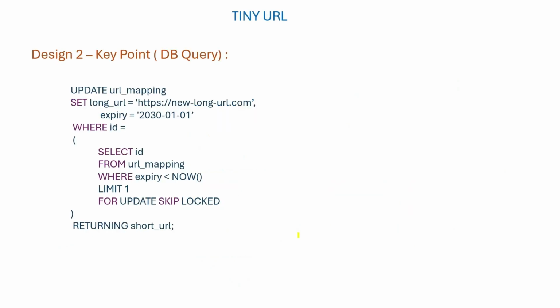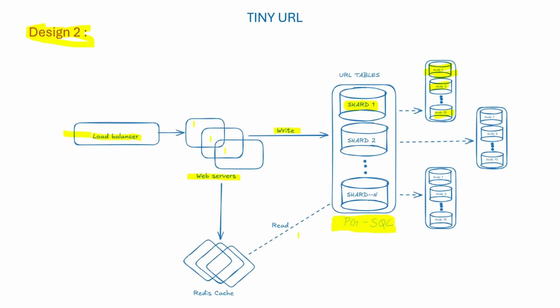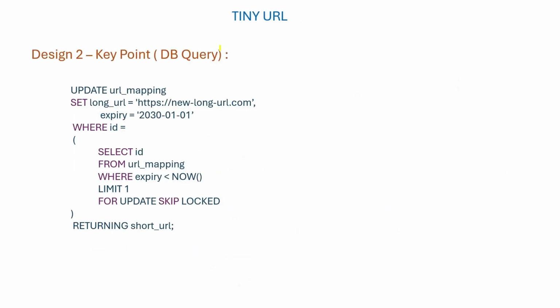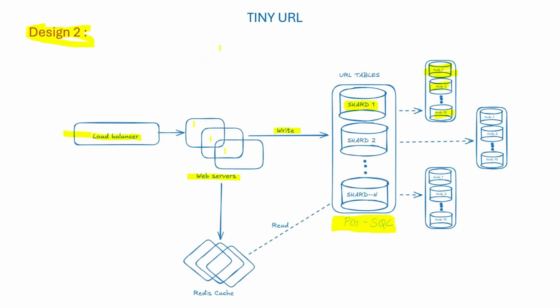Let me quickly show you one key important part. In approach one, we would have seen a separate key generation service and a ZooKeeper layer to monitor and generate these short URLs. But in this approach, let us assume we will just load all 3.5 trillion possible combinations of the short URLs into the DB upfront and assign them an expiry of 0.